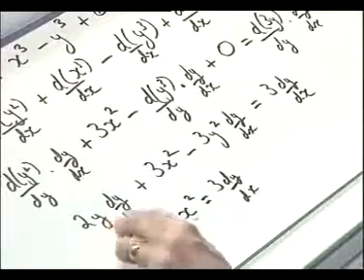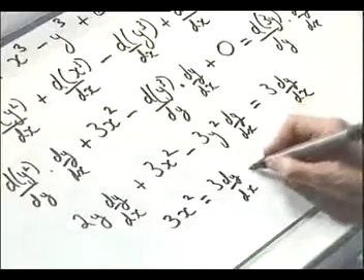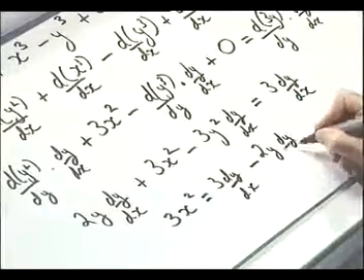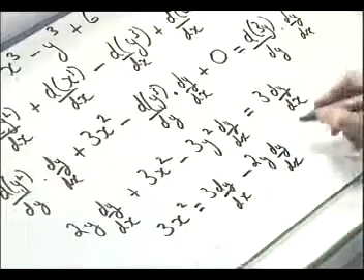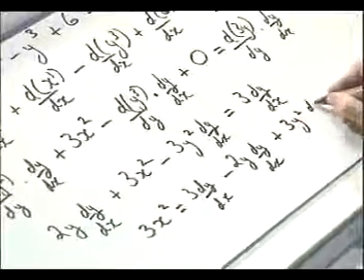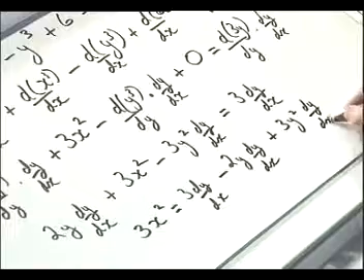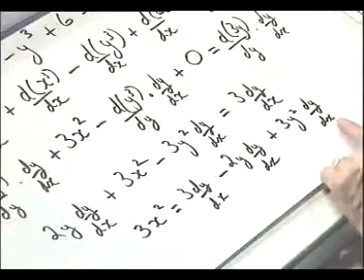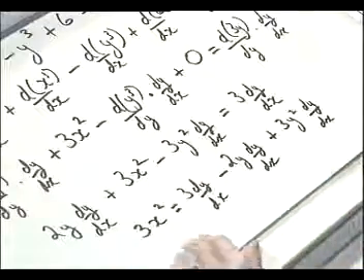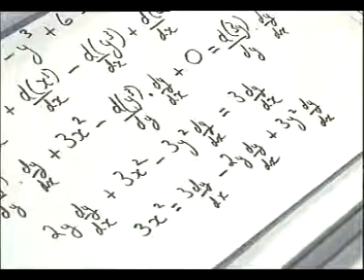I'm going to take this away from each side, so that's minus 2y dy by dx, and I'm going to add this term to both sides, plus 3y squared dy by dx. What I can see here is that I've got a common factor of dy by dx that I can take out. So that's what we're going to do next.